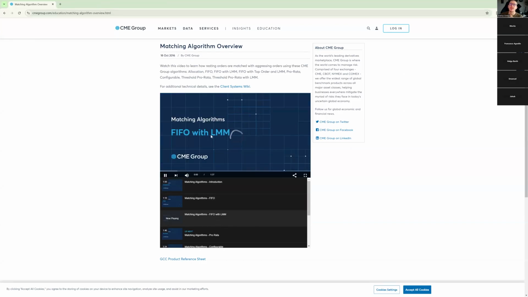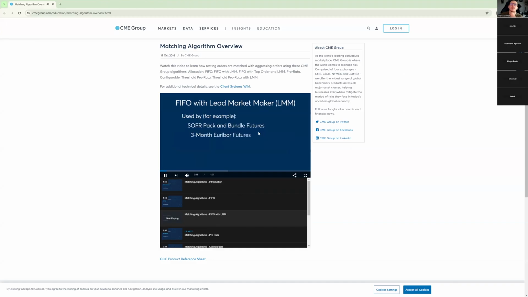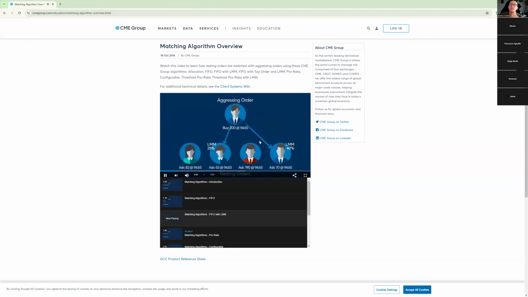As you can see, some are just FIFO. Some are FIFO with lead market makers. Lead market maker, LMM, is a designation given to CME Group authorized market makers who provide a two-sided market for an assigned instrument and therefore receive a percentage allocation of incoming orders.